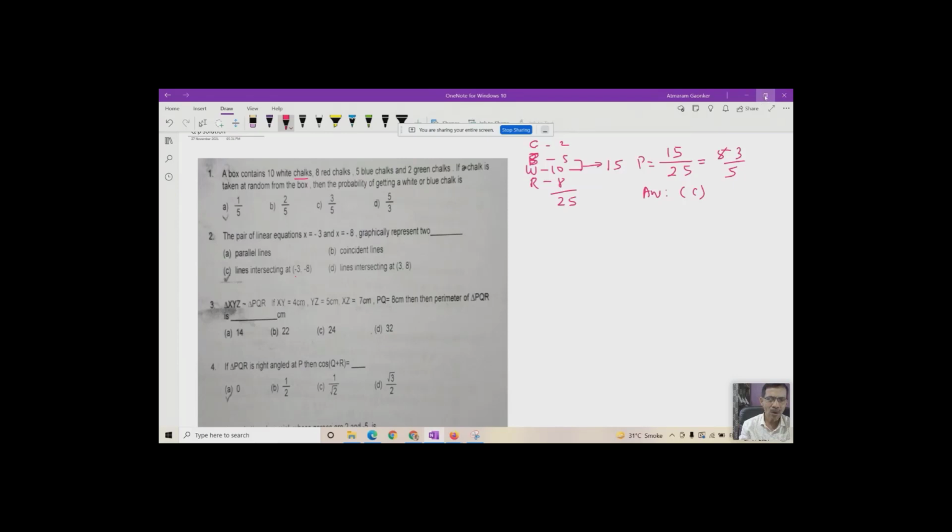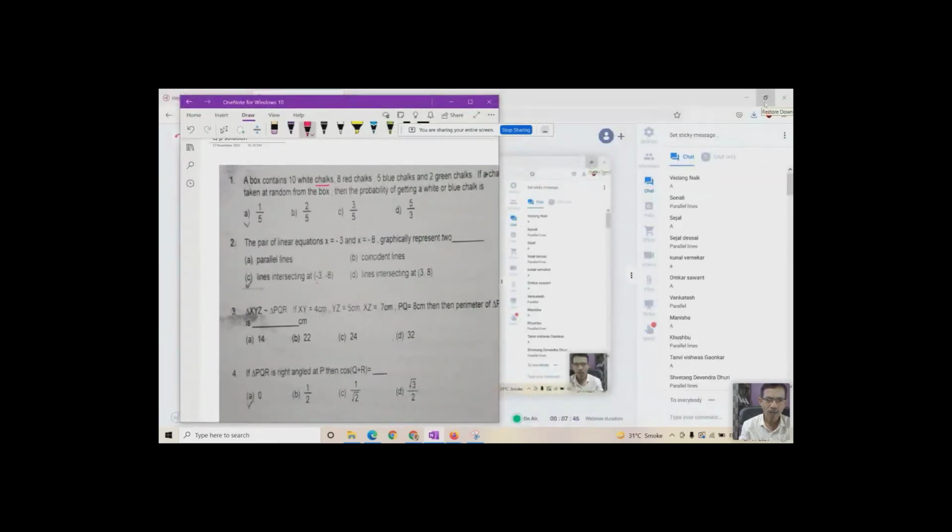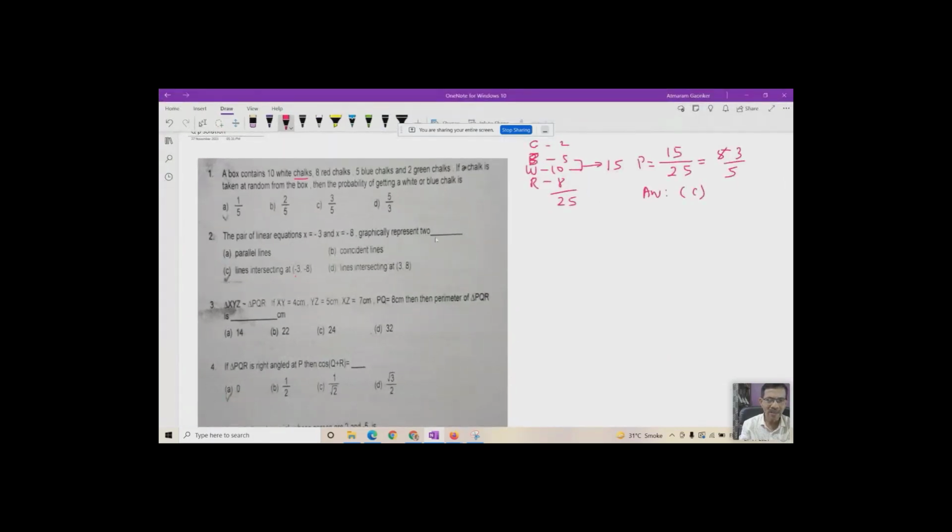Let me see your answers. Yes, Vedang, Shezal, Sonali, everyone is saying A, parallel lines. Very good. The answer is A, parallel lines.